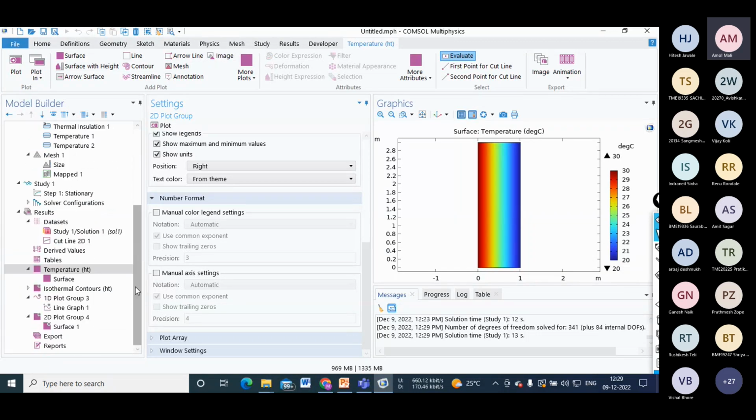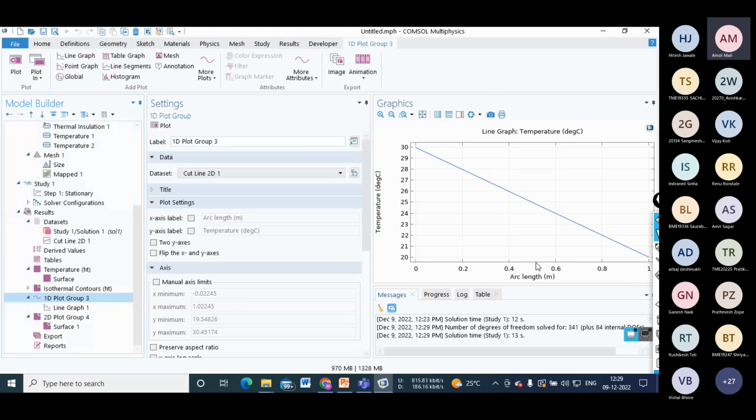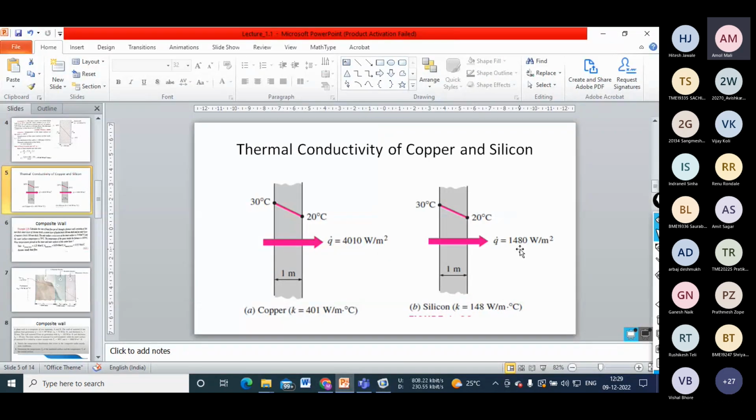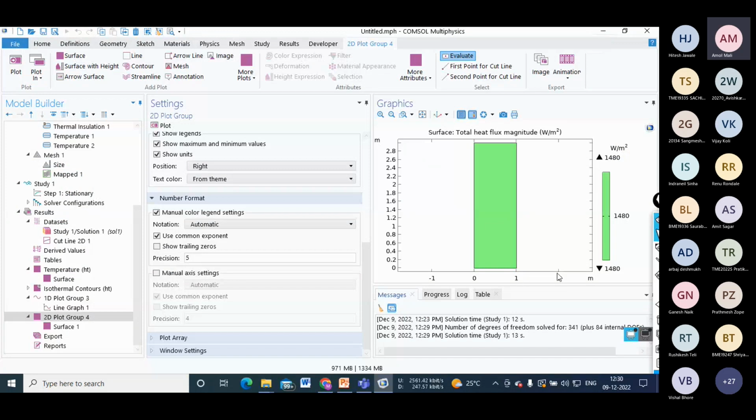Okay, so now here the minimum temperature is 20 degrees and maximum is 30. So we can see the temperature distribution also, and we can see the heat flow rate. How much is the heat flow rate? 1480. And theoretically how much is it? 1480. So we have done the validation of this problem up to here.